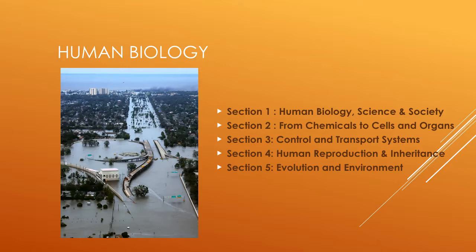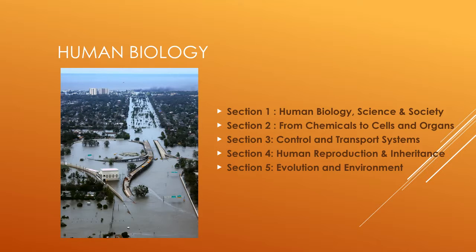The third section, control and transport systems, deals with the organ systems that control activities in the human body and transport materials throughout the human body. Then in section 4, we'll deal with aspects of the human reproductive system. We'll talk about inheritance, how genes control the traits in organisms, and topics related to that.